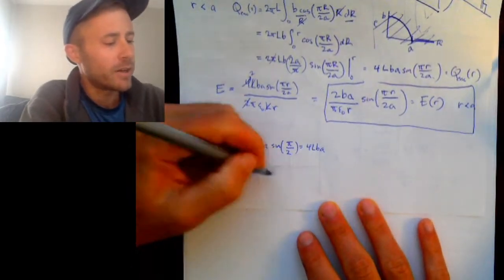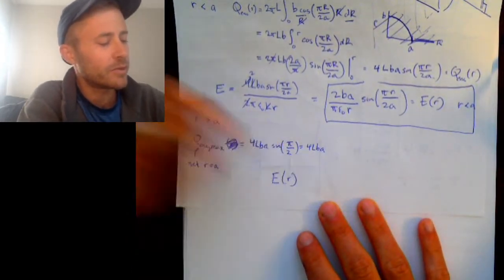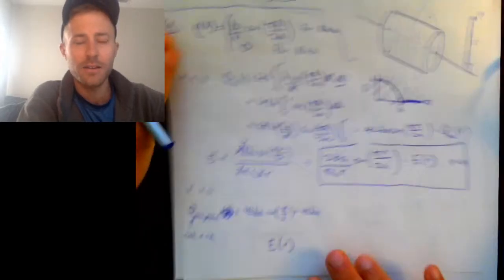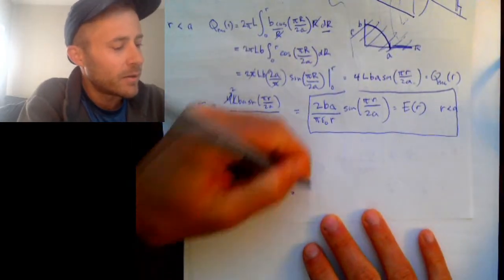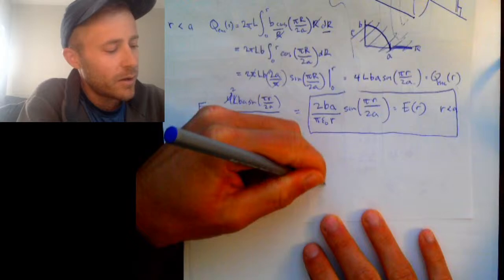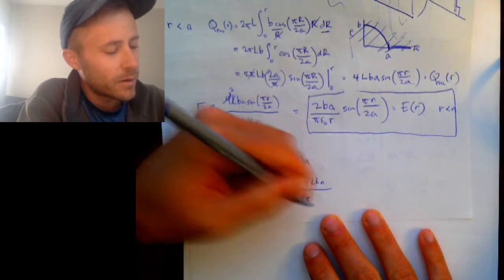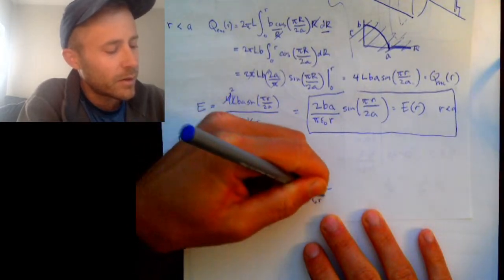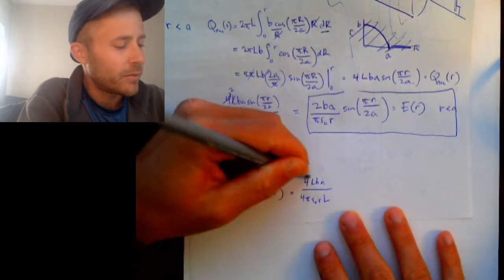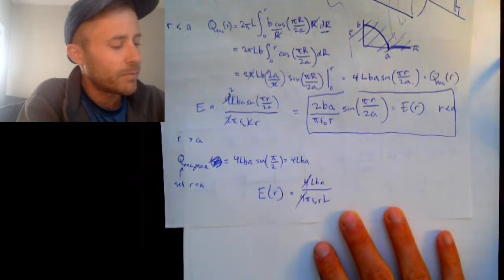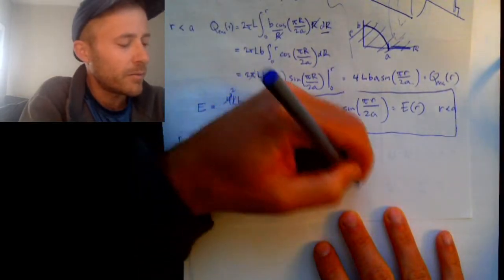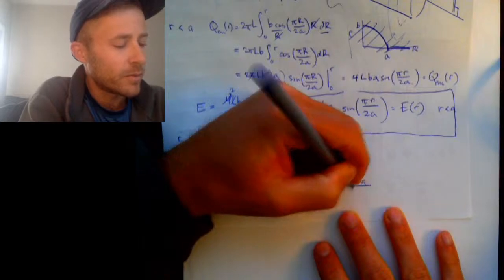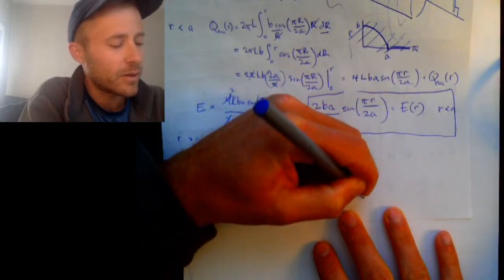So then I can find my electric field as a function of r by plugging that back into this formula, and I get 4lba over 4 pi epsilon naught rl. The 4's cancel, the l's cancel, and I get ba over pi epsilon naught r.